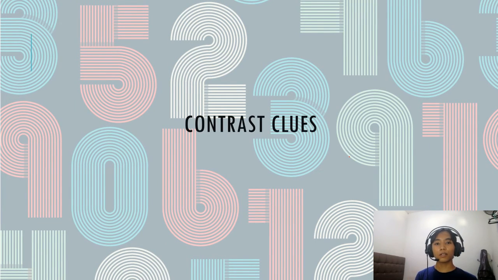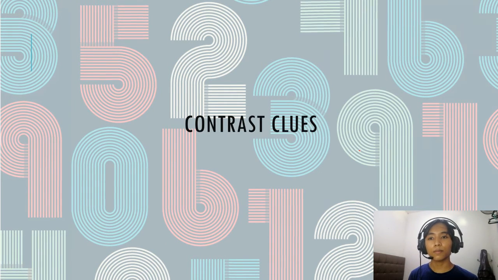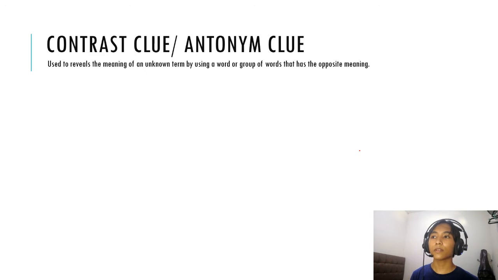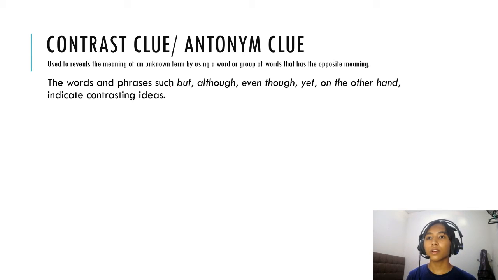Next, contrast clues. Contrast clues, or antonym clues, are used to reveal the meaning of an unknown term by using a word or a group of words that has the opposite meaning. So, it uses words and phrases such as but, also, even though, yet, on the other hand, which indicate contrasting ideas.